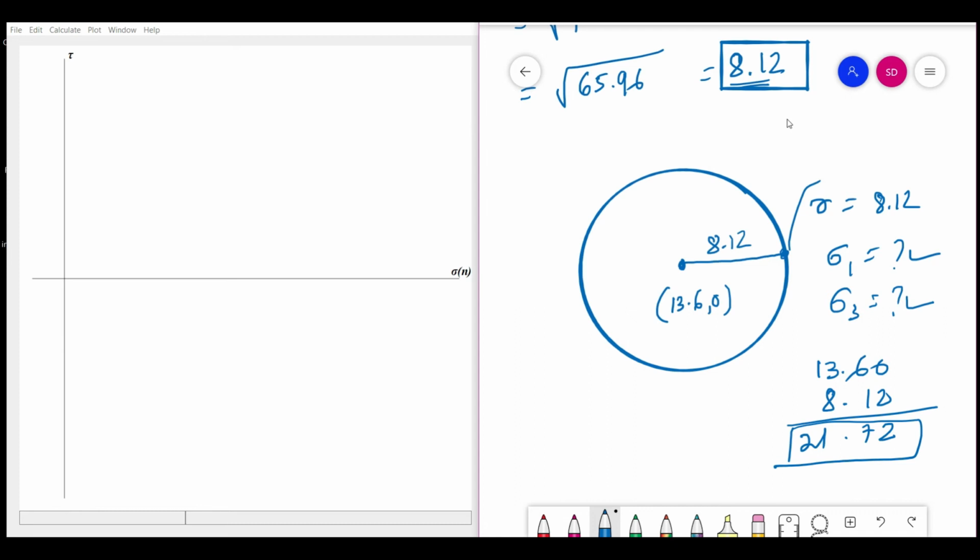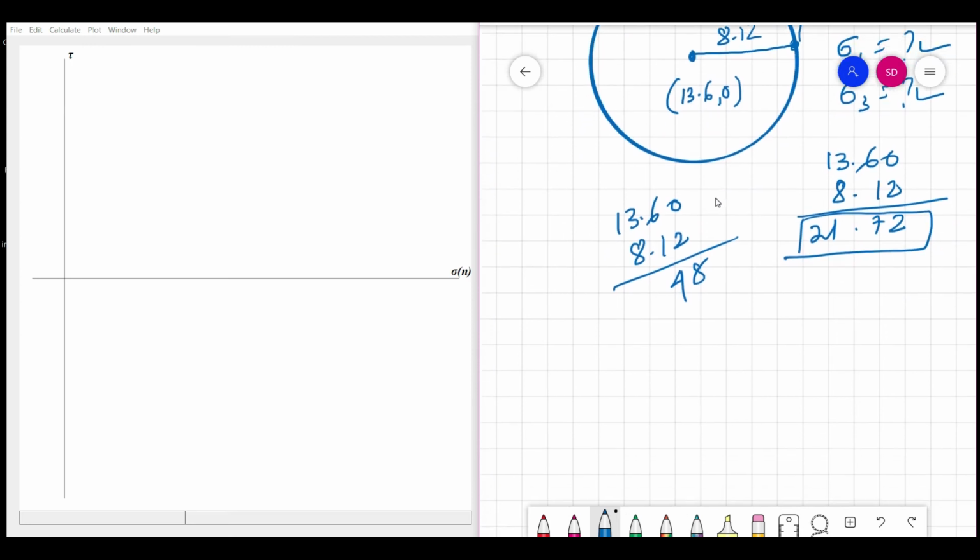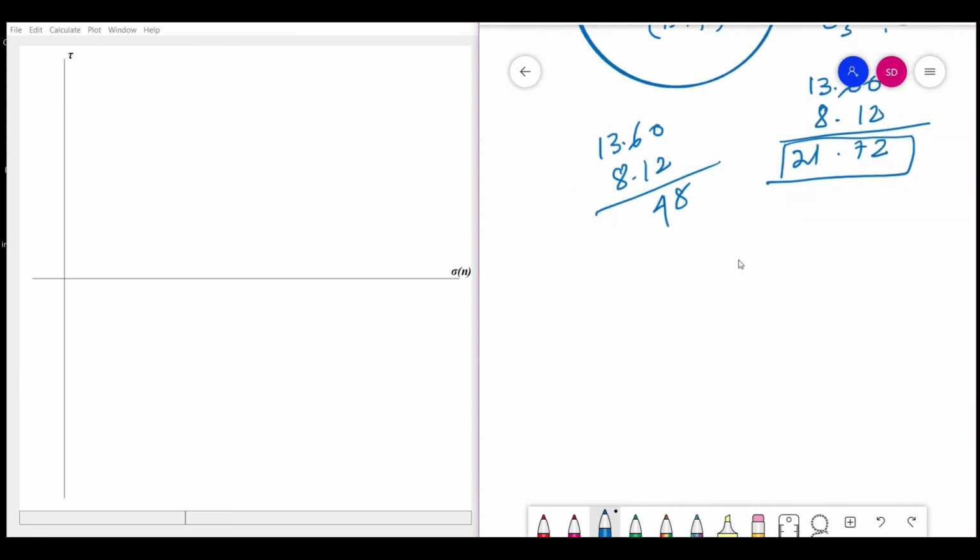So this point is 21.72 kilobar, and similarly 13.6 minus 8.12 is 5.48 kilobar.